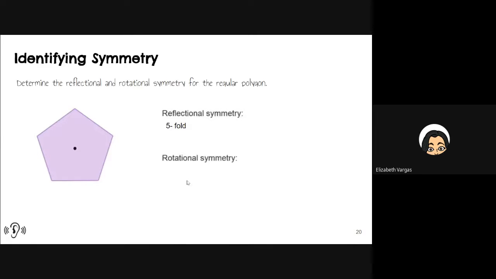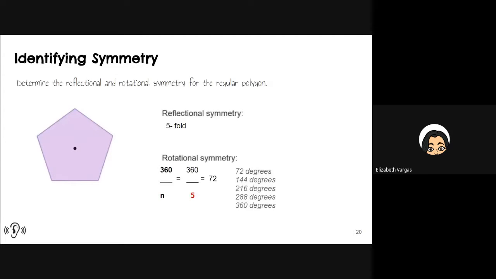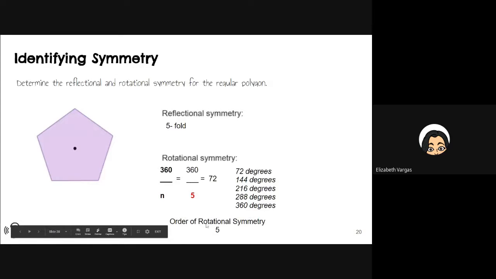Naomi says 5. And yes, it is 5. Order of rotational symmetry is 5. If we want to find the smallest order of rotational symmetry, we would put it into this equation. 72 is the smallest rotation we can do on this figure to get it to map back to where it is.